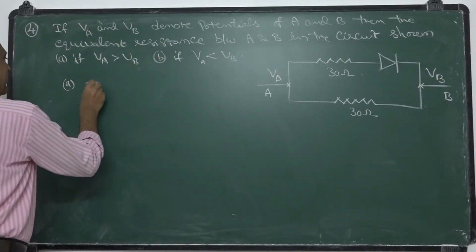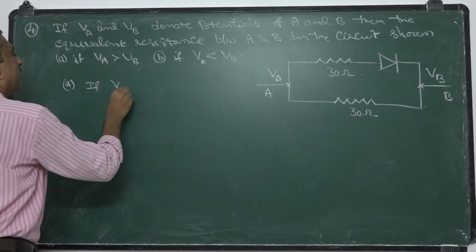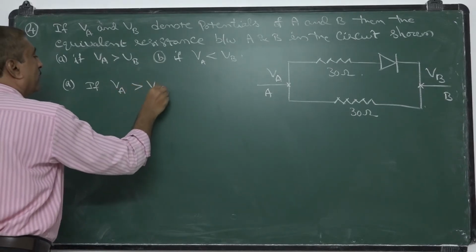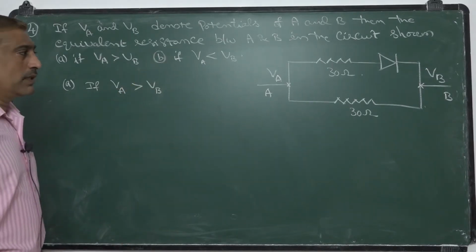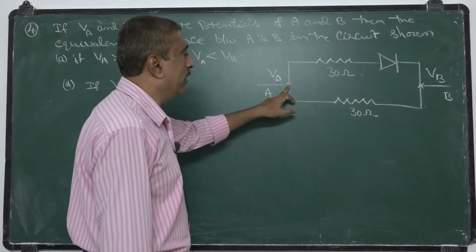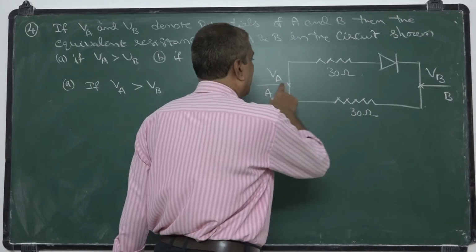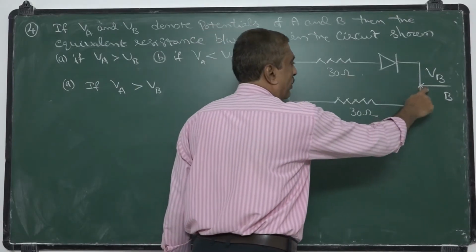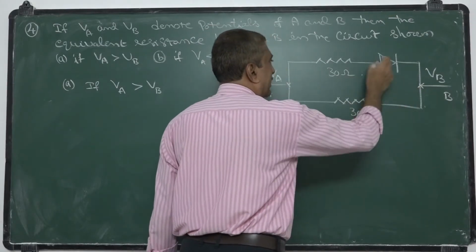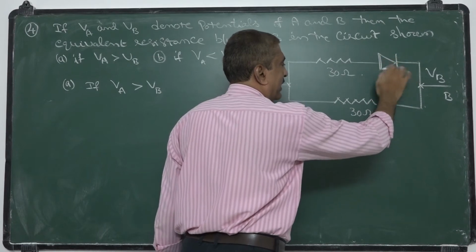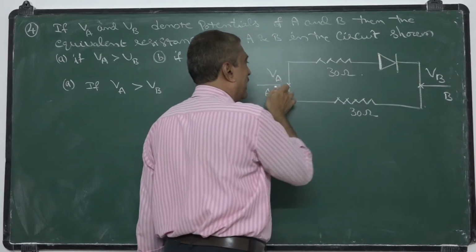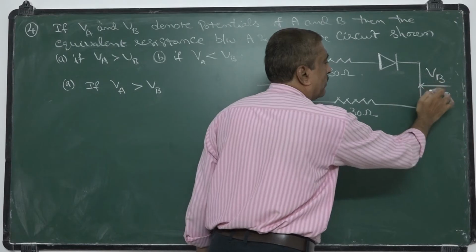If VA is greater than VB, that means potential at this point is greater than potential at this point. That means this is at higher potential, this is at lower potential. This is a PN junction diode, this P is connected to the higher potential, N is connected to lower potential.